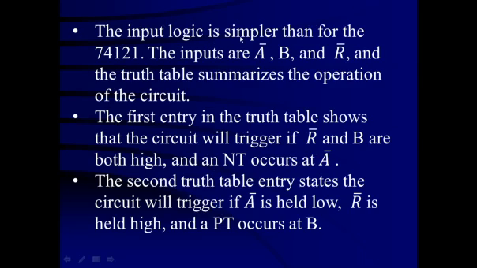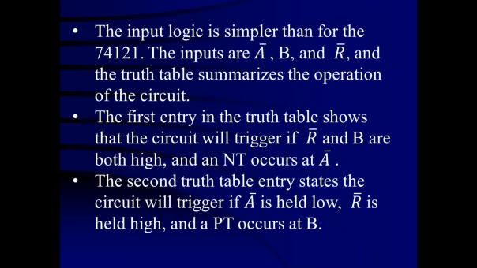The input logic is simpler than that of the 74121. There are three inputs: A bar, B, and R bar. The truth table summarizes the operation of the circuit. The first entry in the truth table shows that the circuit will trigger if R bar and B are both high and a negative transition occurs at A bar.